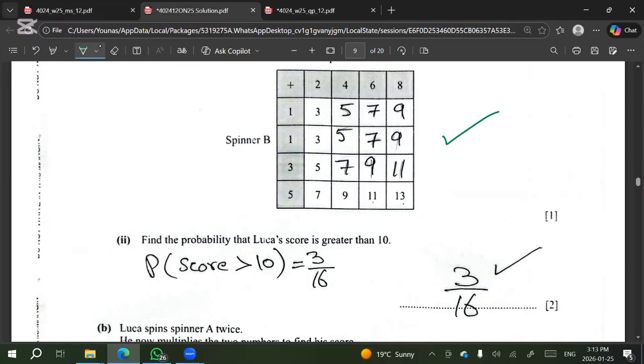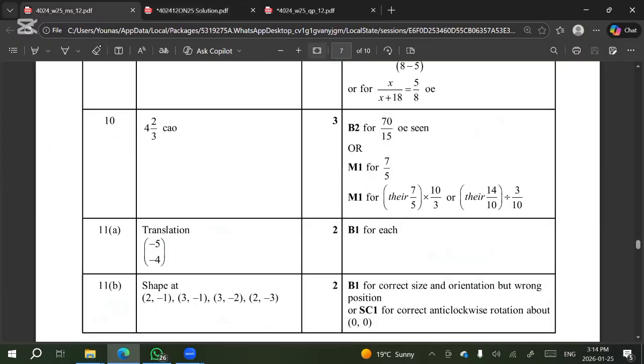And how many are greater than 10? Only 1, 2, and 3. So here, and here. The score is more than 10. So the probability will be favorable outcomes divided by total outcomes. So it will be 3 by 16. So 3 by 16 is my answer, sir.